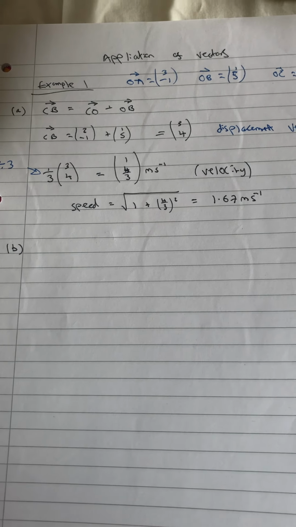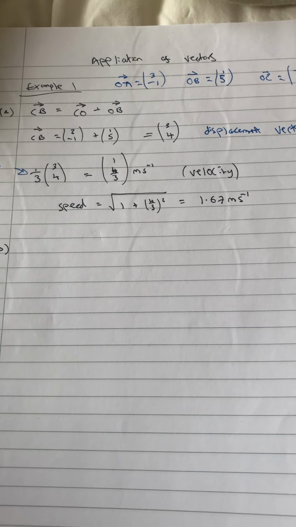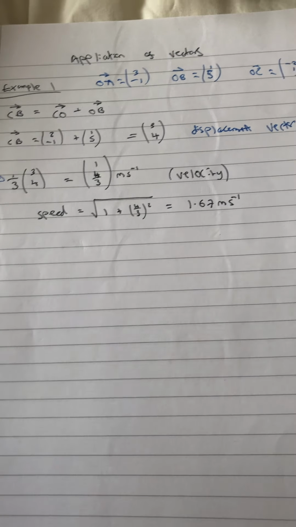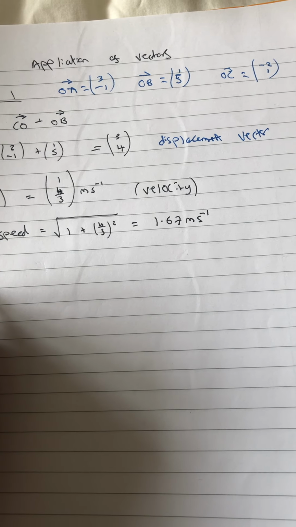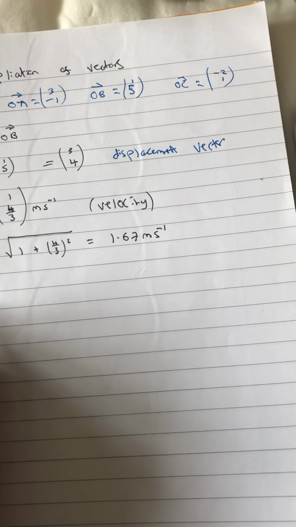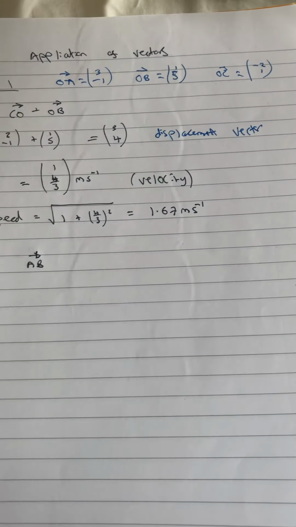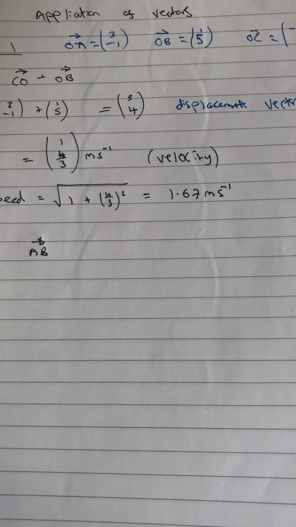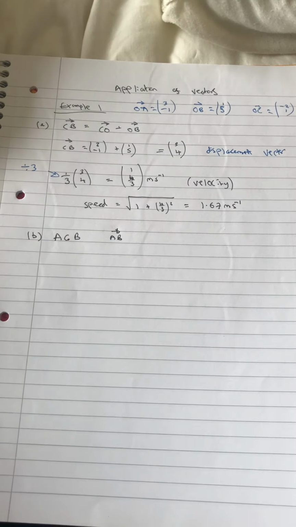Okay, part B is the final displacement from A. Okay, so we go from A to C and then to B. So the final displacement really is just going to be AB. Okay, at this point, if you then look ahead to part C, which is about velocity. Sorry, my computer's just locked, so I've lost the example.